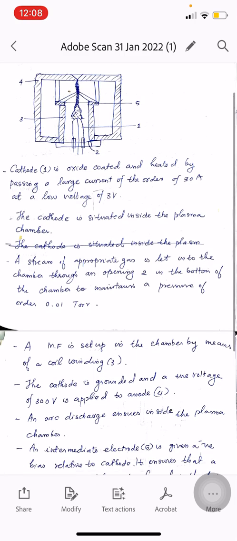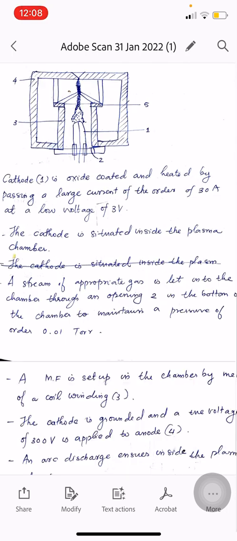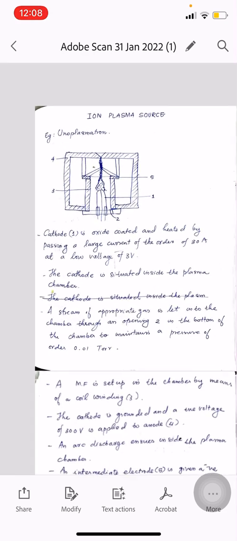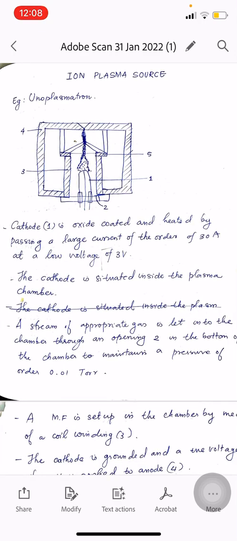Then we set up a magnetic field in the chamber by means of a coil winding 3. There is this core component with a coil, and from this coil winding a magnetic field is set up.